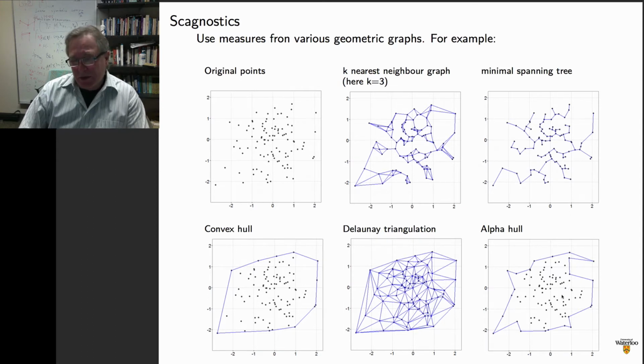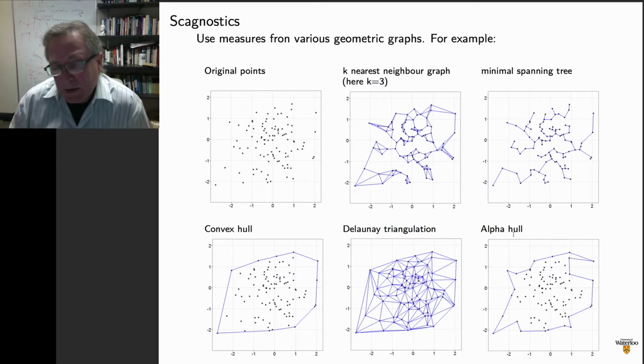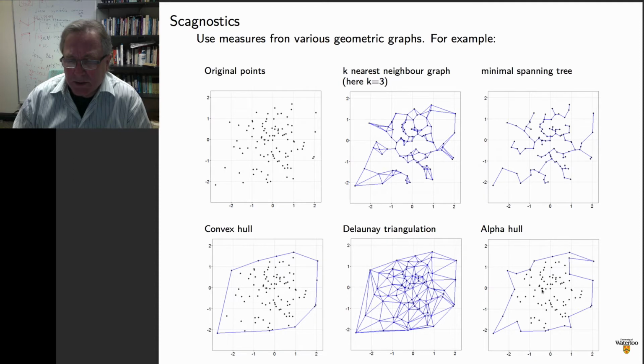So this is kind of a measure of not the rubber band around the outside of the whole thing, but rather getting closer to covering all of the points without adding too much extra information. That is all going to depend upon a particular parameter alpha. So there are lots of different alpha hulls depending on the choice of a tuning constant.